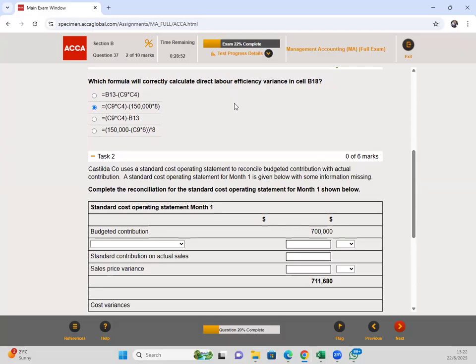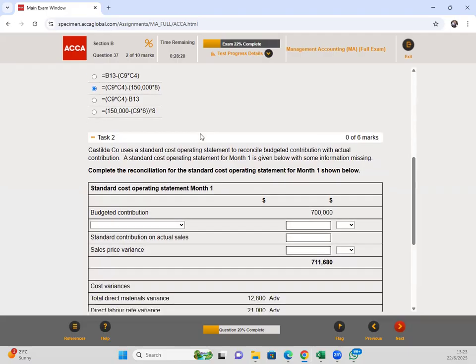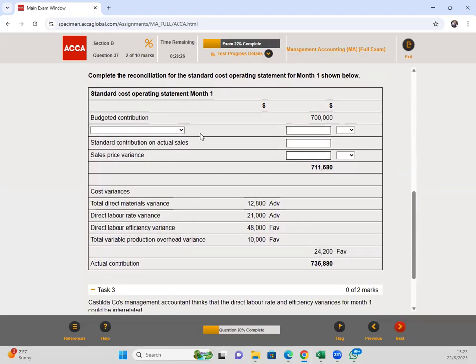Kashida Co uses a standard cost operating statement to reconcile budgeted contribution with the actual contribution. A standard cost operating statement for 1 month is given below with some information missing. Complete the reconciliation for the standard cost operating statement shown below. So we need to complete the information.